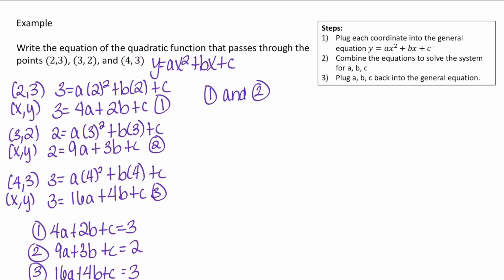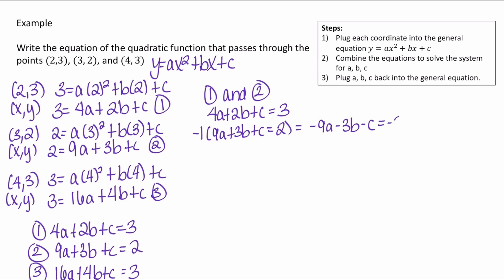So I'm going to write equation 1, so 4a plus 2b plus c equals 3. And then I'm going to multiply the second equation by -1 in order to get that c term to cancel out. So that is going to multiply every single term by -1. So that's going to give me the new equation, -9a minus 3b minus c equals -2.